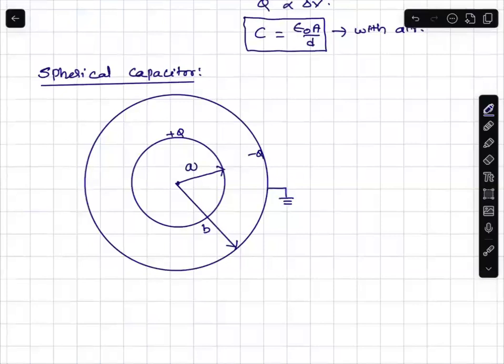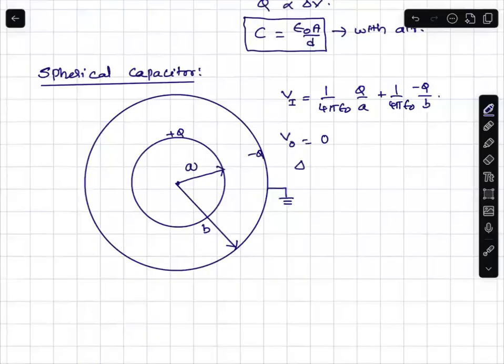Now, you know the potential of the inner sphere. It is nothing but 1 by 4 pi epsilon naught q by a, plus 1 by 4 pi epsilon naught times minus q by b. What is the potential of the outer one? Yes, it is exactly 0 because you have connected it to earth.